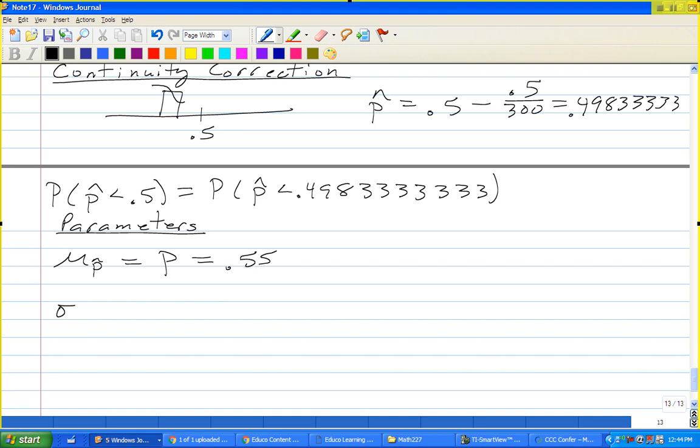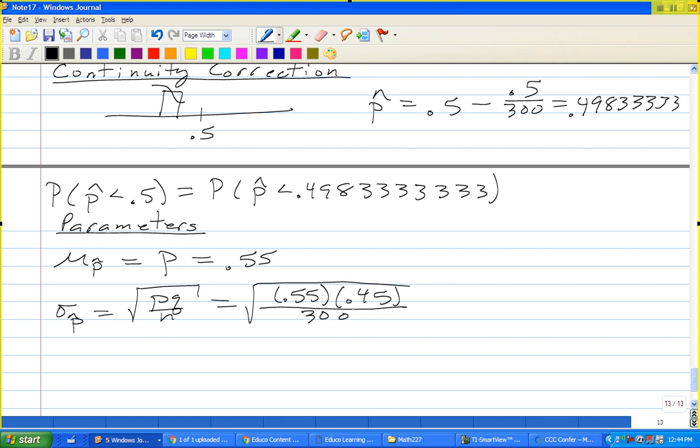The standard deviation for the sampling distribution of all sample proportions is just radical pq over n. So if I have 55% chance of success, I have a 45% chance of failure, and n was 300. Plug that into your calculator. So you get 0.028722813.